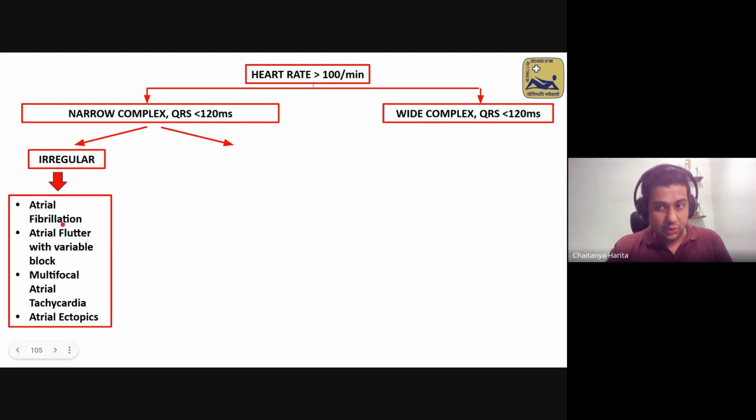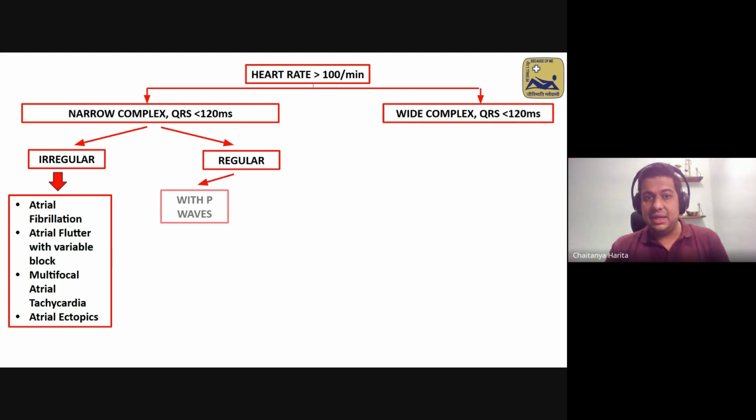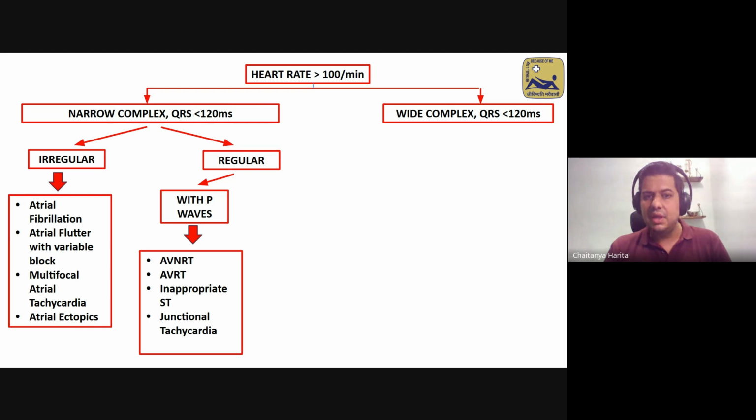But if it's narrow complex, which means it's atrial in origin, and it's regular, then you further subdivide. Is it regular with P waves, that means before the QRS, are you seeing P waves, or without P waves? If it's narrow complex, regular with P waves, your diagnosis is AVNRT or AVRT. AVNRT stands for AV nodal reentry tachycardia, and the best example is your classical PSVT, paroxysmal supraventricular tachycardia.